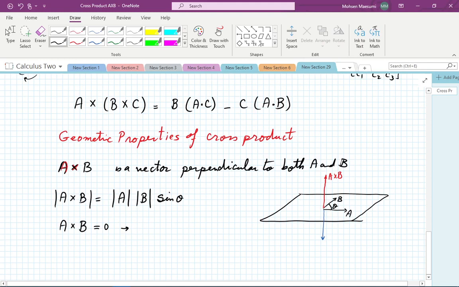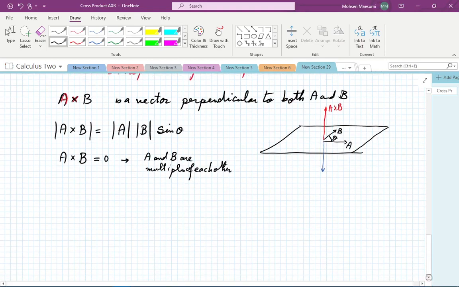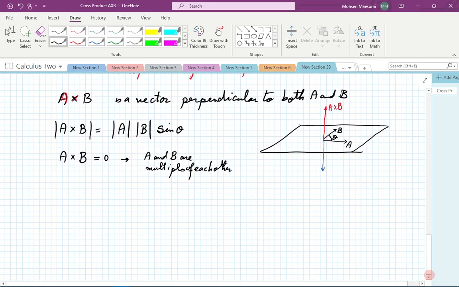They are either parallel or anti-parallel, however you want to phrase it. A and B are multiples of each other. In particular, the cross product of a vector with itself is 0, and of course with any multiple of itself.